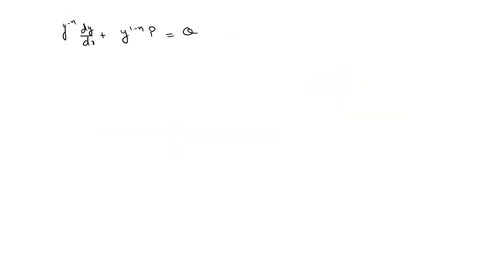Then what we will do now is put this y^(1-n) term into another variable, like I am putting here u. So if I find the derivative, it is (1-n) y^(1-n-1) dy equal to du.